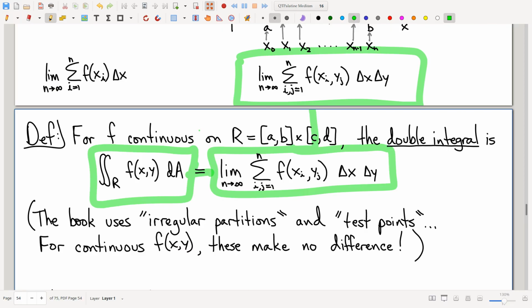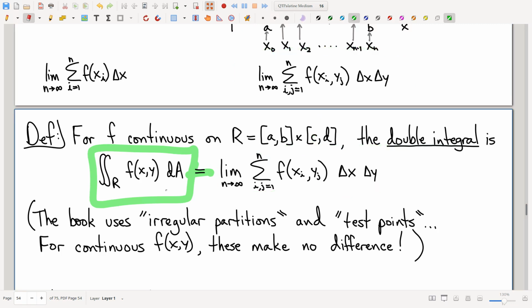This is not what we just wrote down a few minutes ago. That's not an iterated integral. This is not a single variable integral of a single variable integral. This is a new critter where we don't chop up intervals into subintervals. We chop up areas into sub-rectangles. And then we multiply stuff per unit area times area.